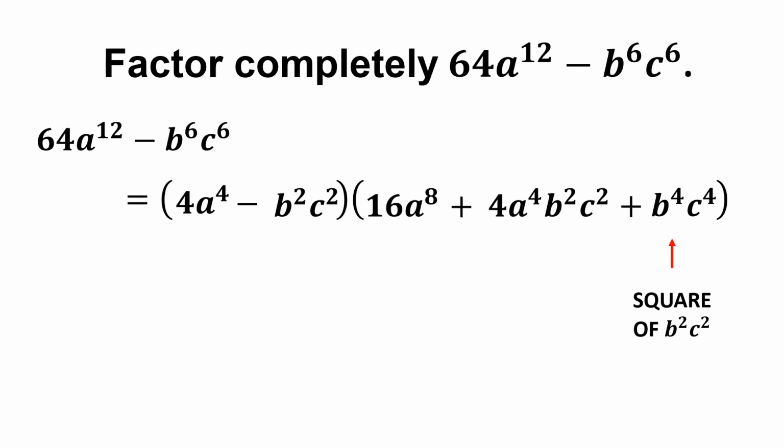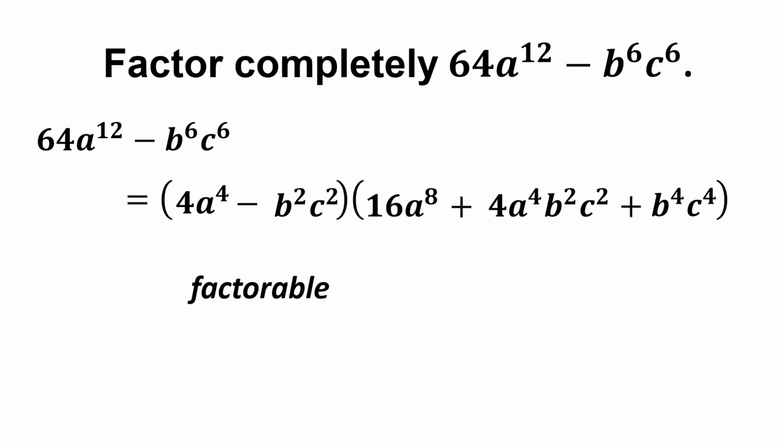Look at the binomial 4a to the 4th minus b squared c squared. Notice that it is a difference of squares, meaning that factor is still factorable.